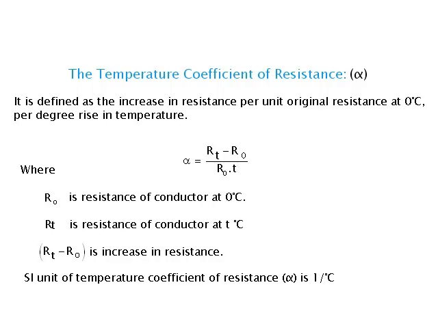Alpha equal to RT minus R0 divided by R0 into T, where R0 is resistance of conductor at 0 degrees Celsius. RT is resistance of conductor at T degrees Celsius. Thus, RT minus R0 is increase in resistance. SI unit of temperature coefficient of resistance alpha is per degree Celsius.